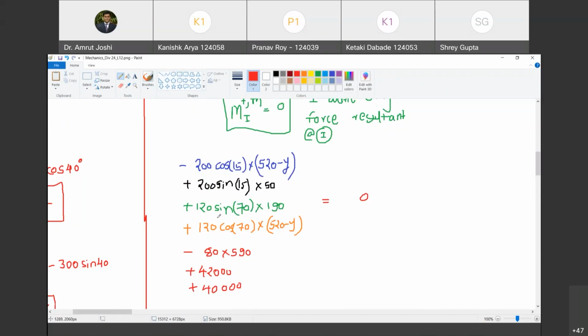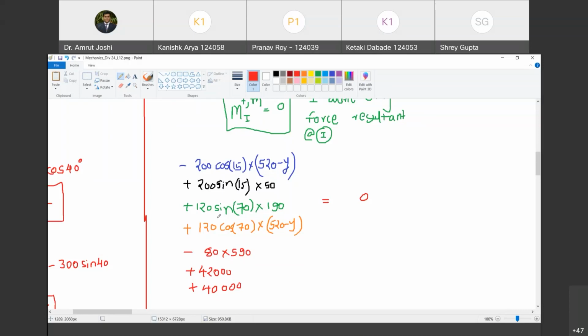So let us write. You have to write down that equation as it is on the calculator, and you have to use shift solve. So even if you listen to my commentary, you will be able to do that on your calculator. If the calculator is in front of you, just do what I say. So minus 200 cos 15 multiplied by, in bracket, 520 minus alpha y. So you have the alpha sign on the calculator and you have y written somewhere.